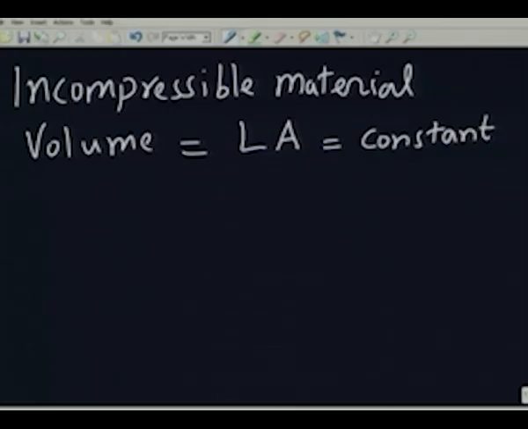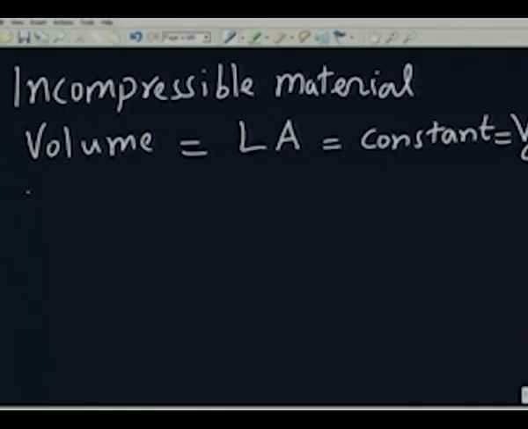That means, when you have a deflection or change in L, A will automatically change such that the total volume is going to remain the same. So, we can do the following. I will call this constant equal to some V, which is equal to, let us say, V naught.